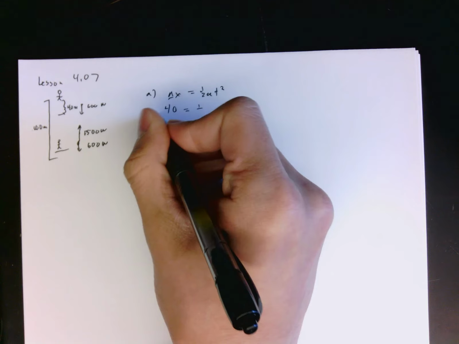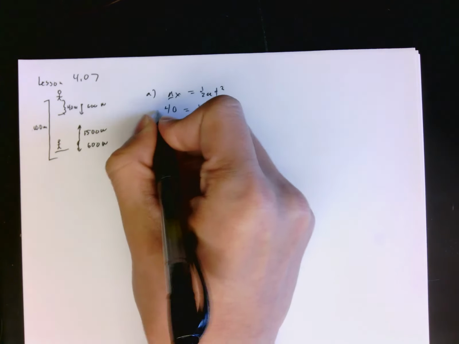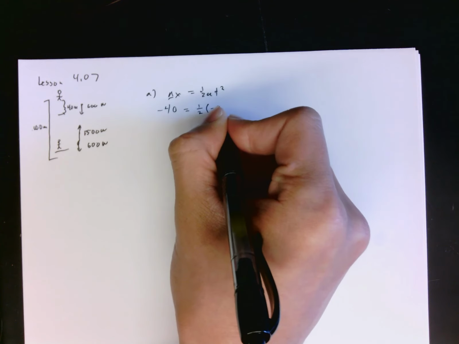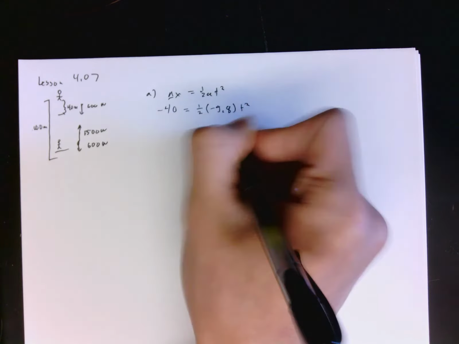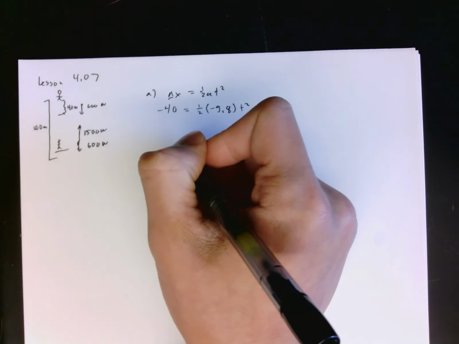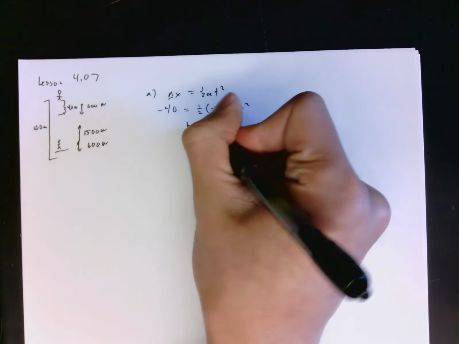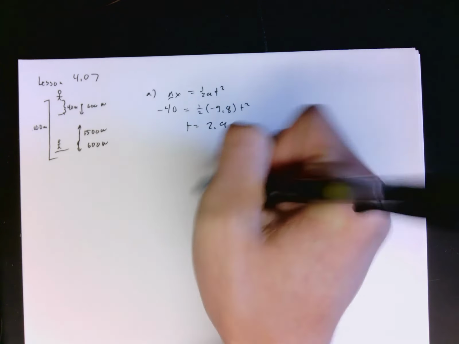And acceleration and displacement are going the same direction. Since he's going downwards, it would be negative, but since they're going the same direction, it doesn't really matter. And acceleration is negative 9.8 because of gravity, t squared. So if you solve that out, t should equal about 2.9 seconds.